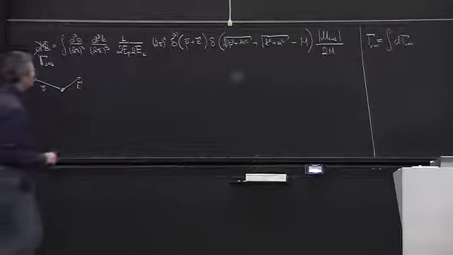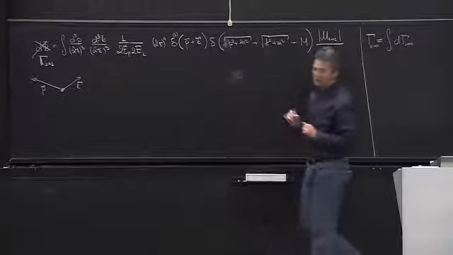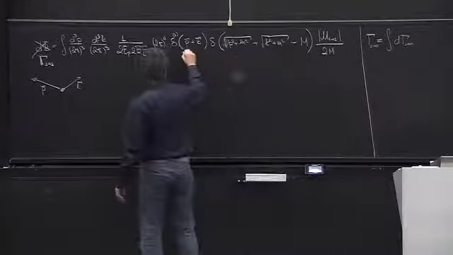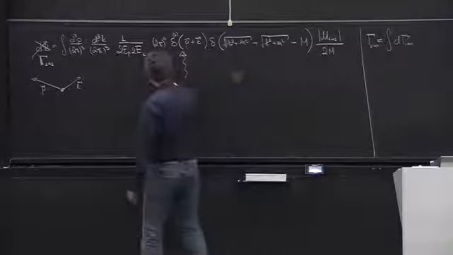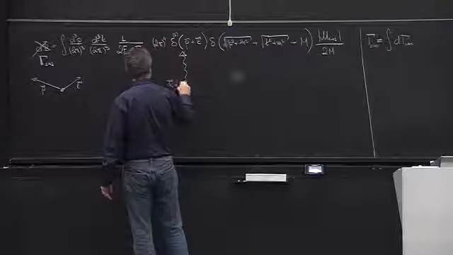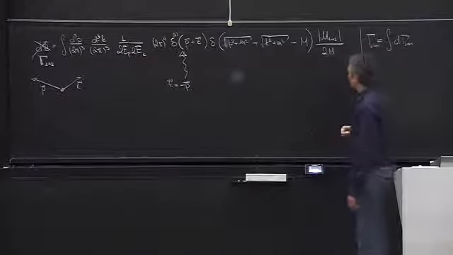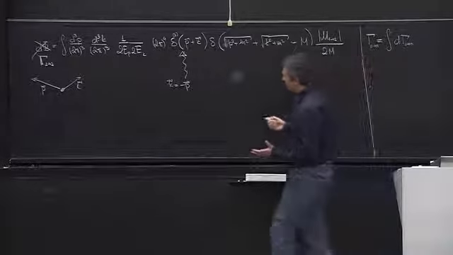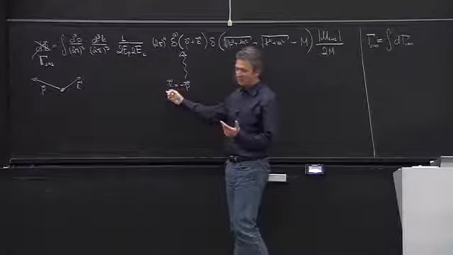So now, we eliminate the delta functions one by one. So first we look at this delta function. This delta function tells us that k is equal to minus p. And so we should substitute minus p for k wherever it appears.